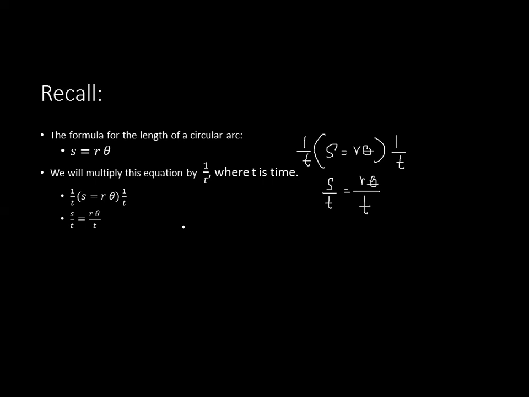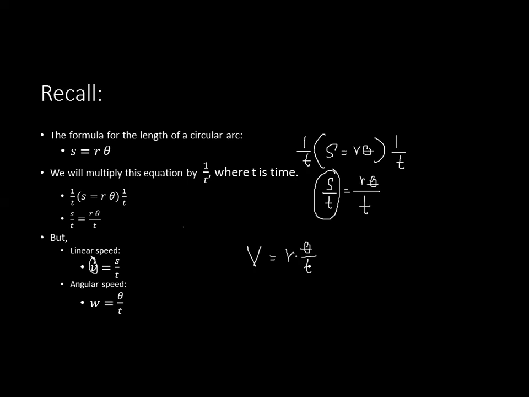Why did we do this? Take a look. We know that linear speed is v is equal to s all over t, and angular speed is theta all over t. So we can substitute s all over t as v. We will have v, then on the right side we can bring down r, then we will have theta all over t.